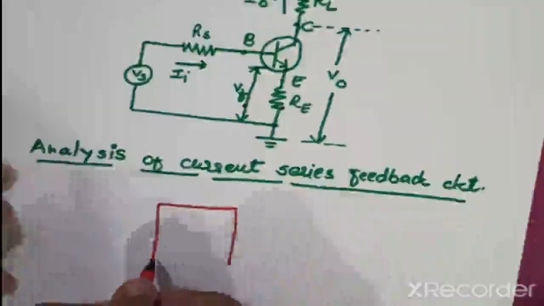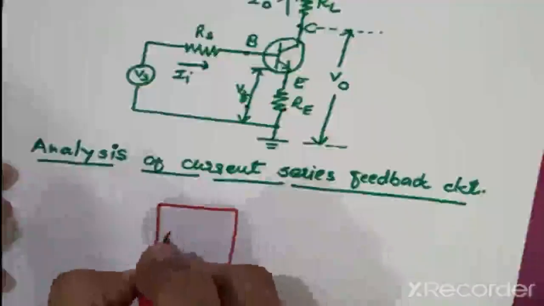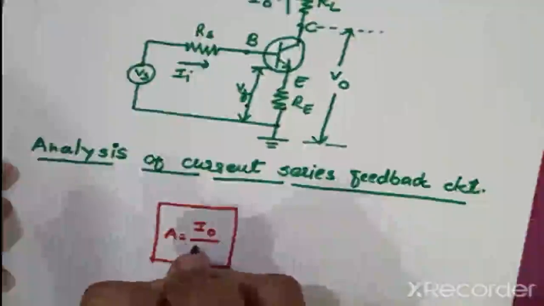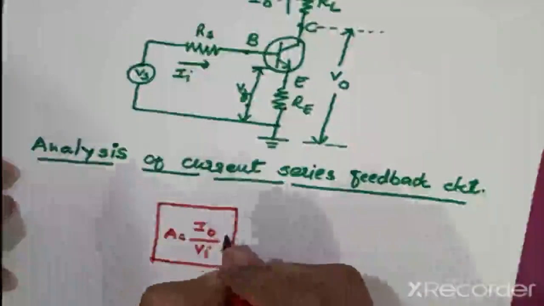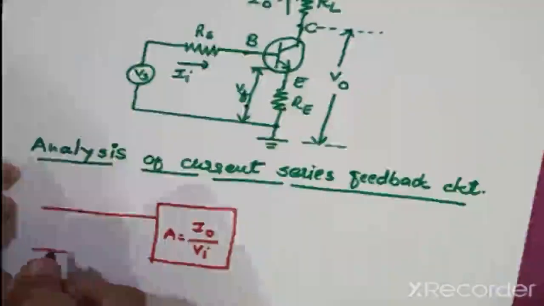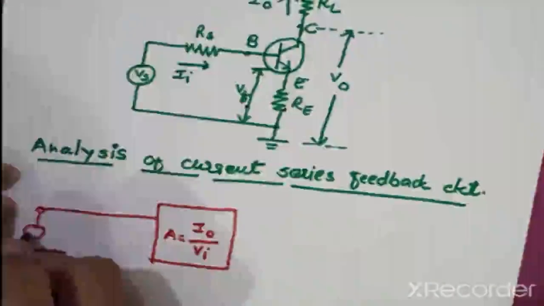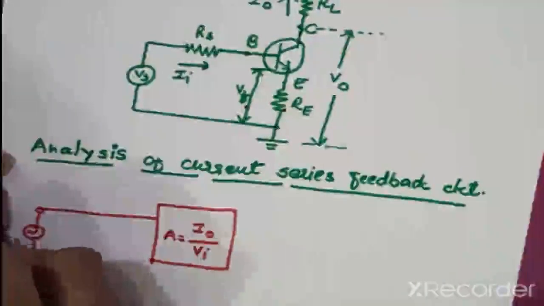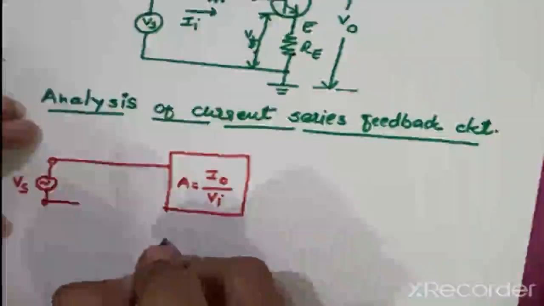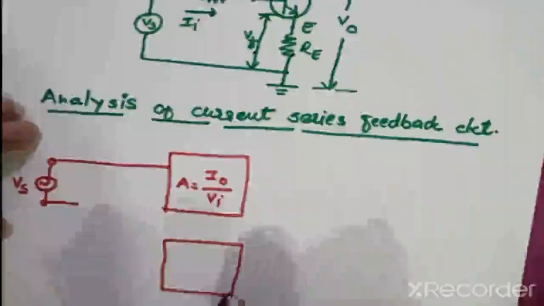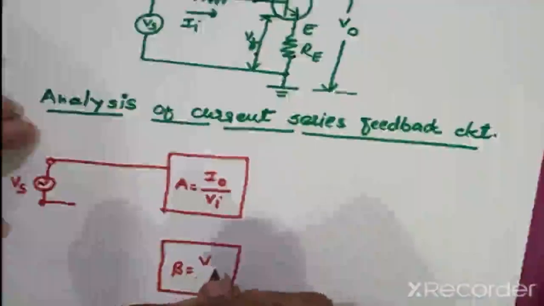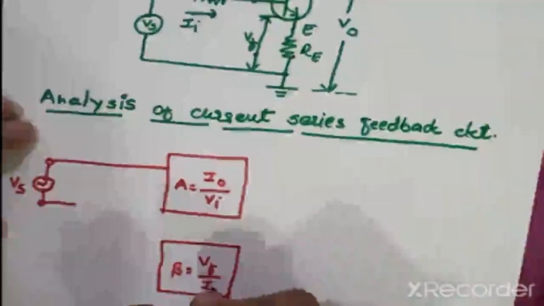Here it is the amplifier circuit with its gain A, and from here we give the supply voltage Vs. This is our feedback circuit. Feedback fraction beta is equal to Vf upon Io.